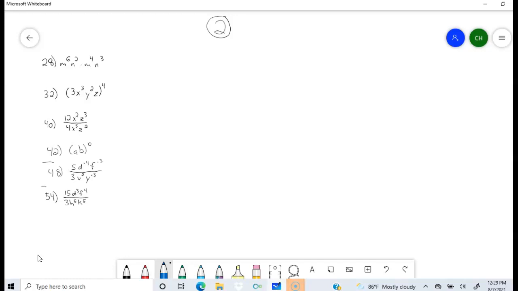So we're multiplying the bases. So that's going to be, when we multiply the bases, we add the exponents. So we're looking at m to the 6th plus 4, n squared plus 3, which gives us m to the 10th n to the 5th.